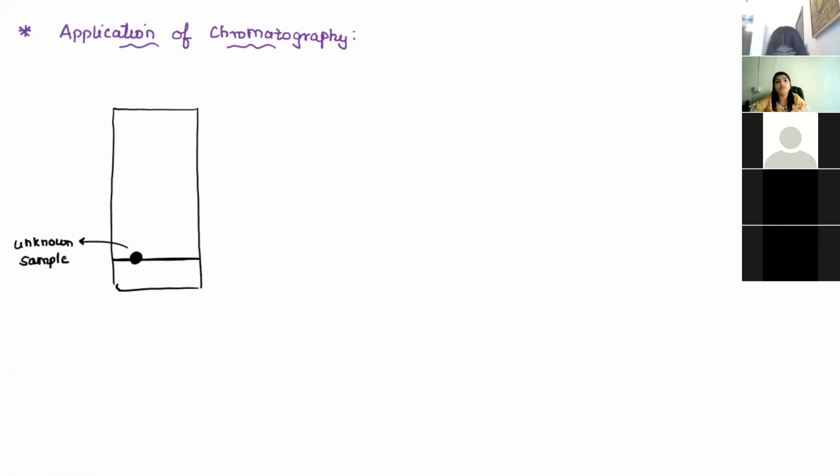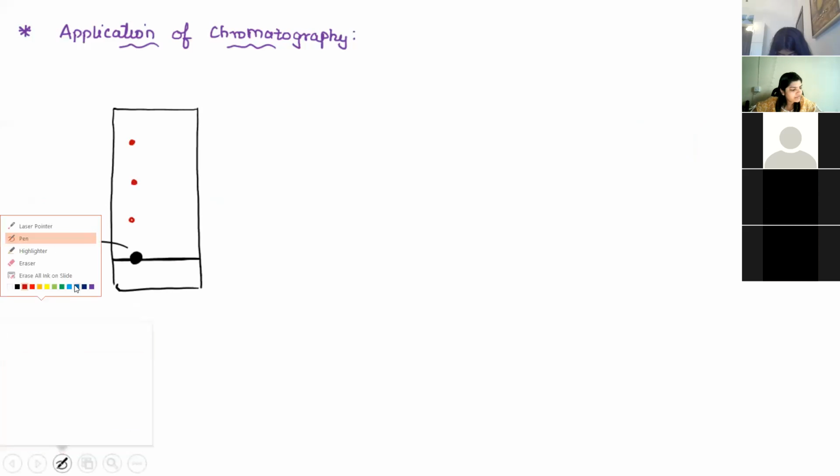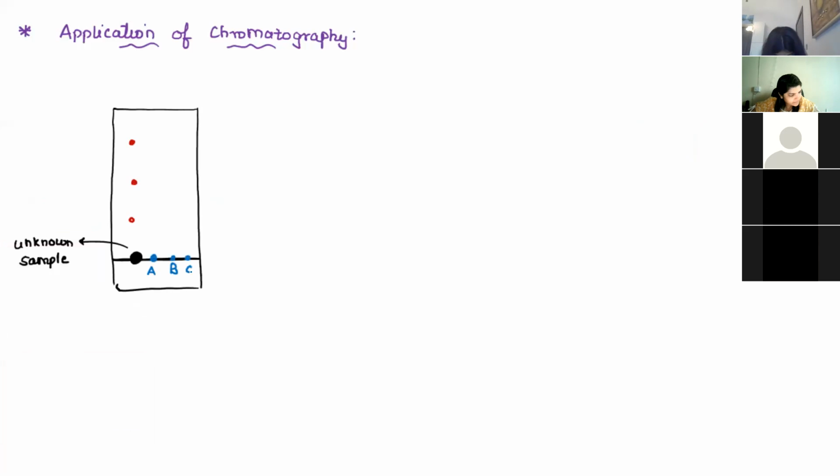I want to find out what components are present in my unknown sample. Now, when the unknown sample undergoes chromatography, there are 3 spots present. Now, let's say these are sample A, sample B, and sample C.